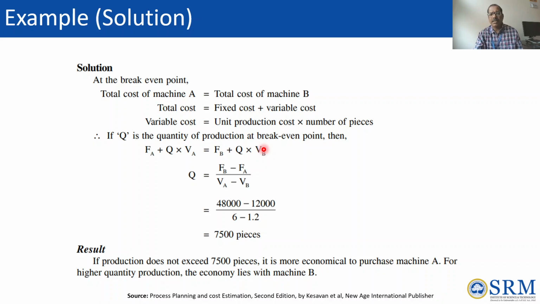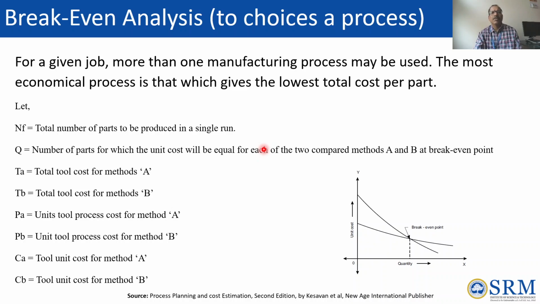This is a similar kind of problem to the one we solved in the last lecture, where we chose between machines, such as an automatic lathe machine or a capstan lathe machine, which differ in cost but serve the same purpose. Similarly, we may need to choose between processes.